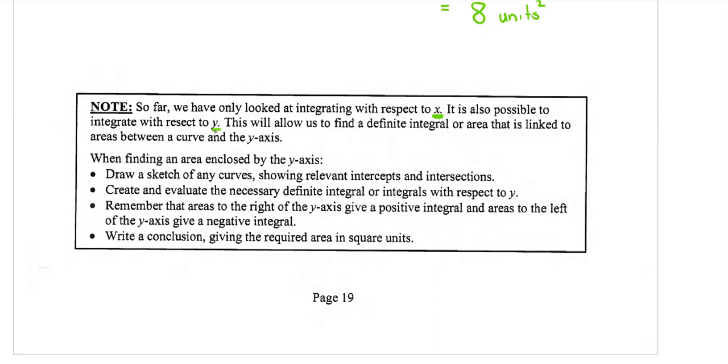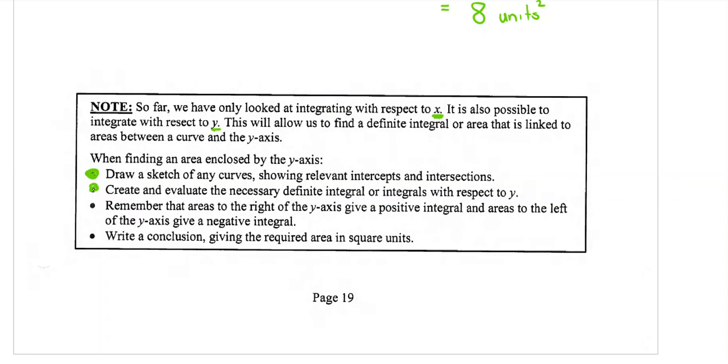That means, though, if you're going to do that, that we have to draw it as per always. You need to create your integrals, but your integrals will be in terms of y. You have to make sure your equation is in terms of y, which may mean you have to rearrange it.